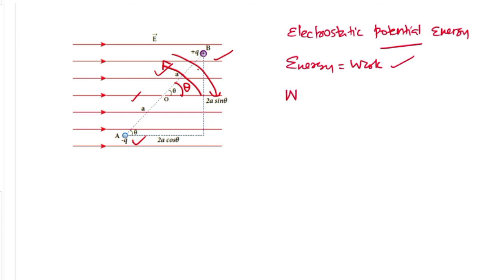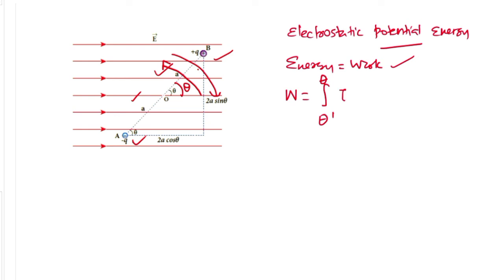Therefore the work done is from one angle to another angle. Here I am taking the reference angle as theta prime, and the final position as theta. The force becomes torque because this dipole is rotating about an axis.